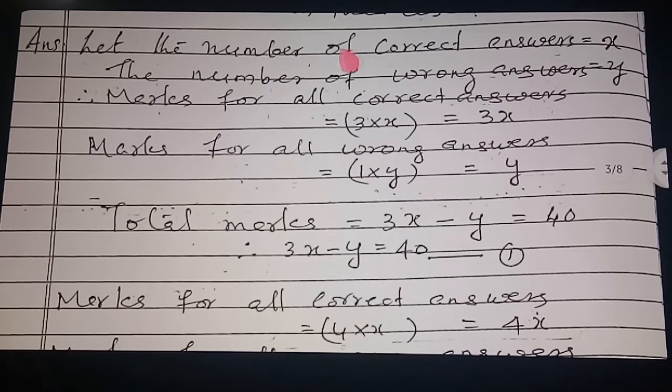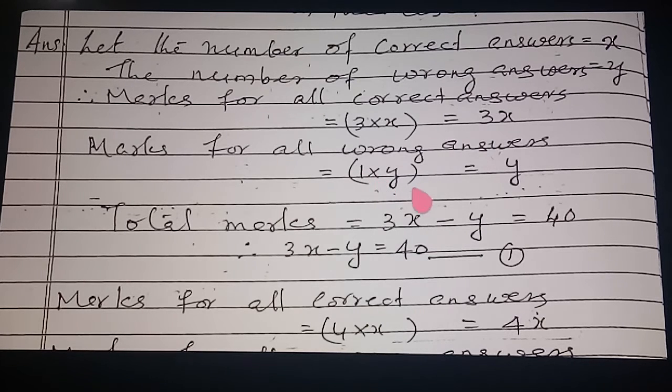See here, number of correct answers x, number of wrong answers y. Total marks for all correct answers: one correct answer, how many marks? 3. So x correct answers are there, total how many marks will come? 3x. And total marks for wrong answers: what is the number of wrong answers? Y. How many marks are lost for one wrong answer? 1 mark.